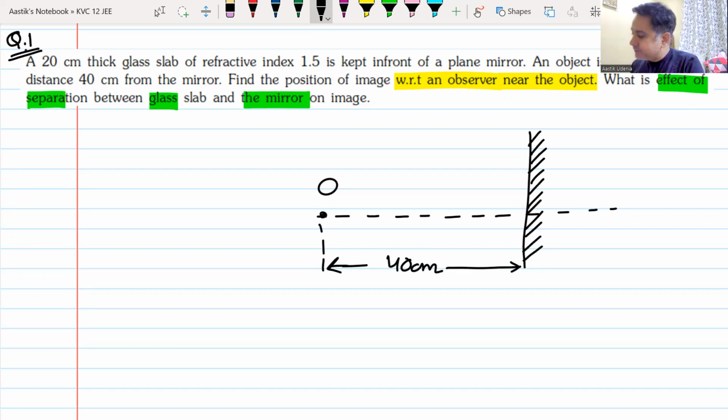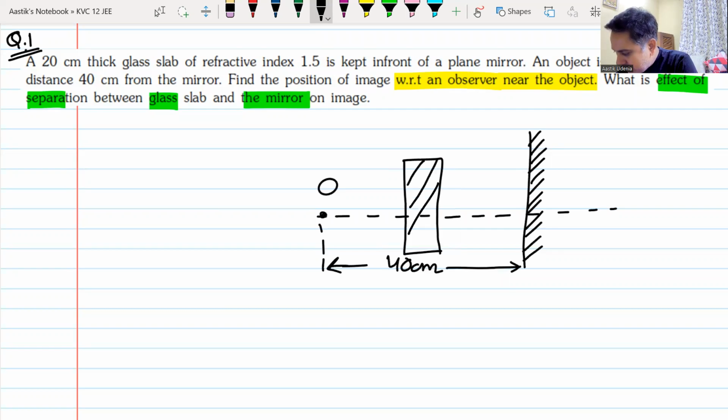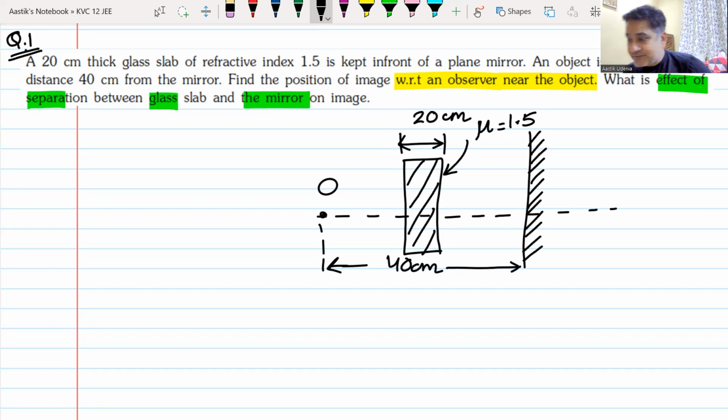But I have a glass slab put in front of the mirror, obviously between the object and the mirror. The width of this glass slab is 20 centimeters, and the refractive index of this glass slab is 3/2 or 1.5.